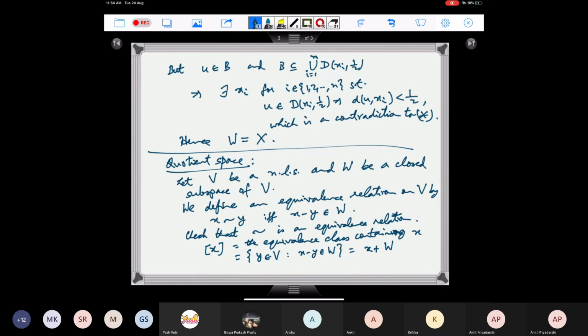These are called the cosets. So this is the coset of x, and then we have the quotient space V mod W. This is the collection of all these cosets for x in V. So this is called the quotient space.